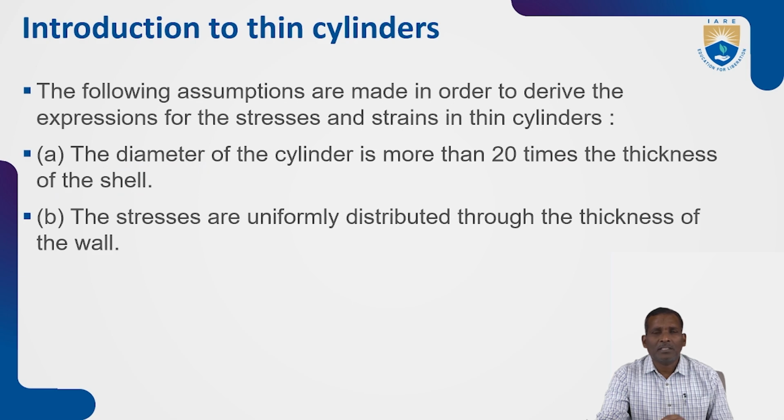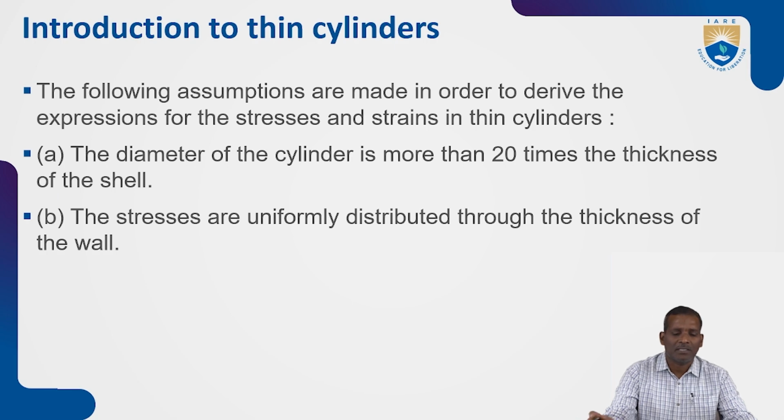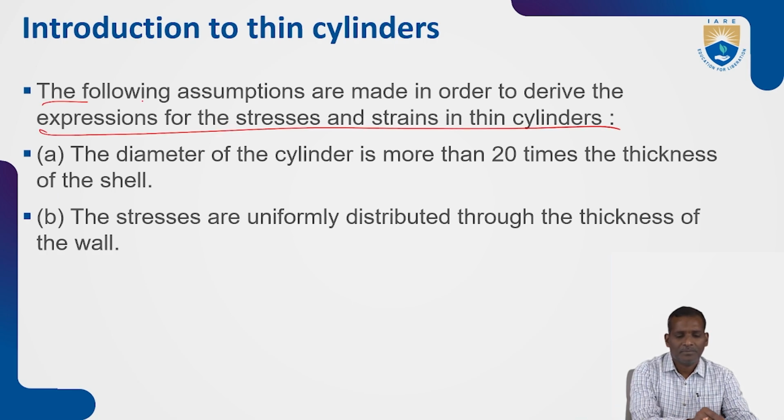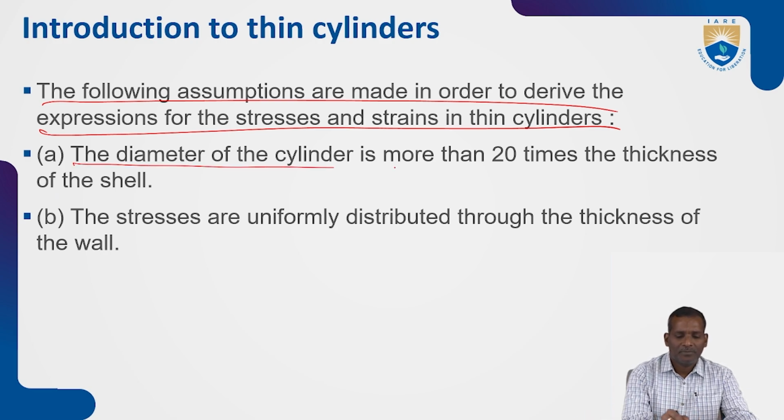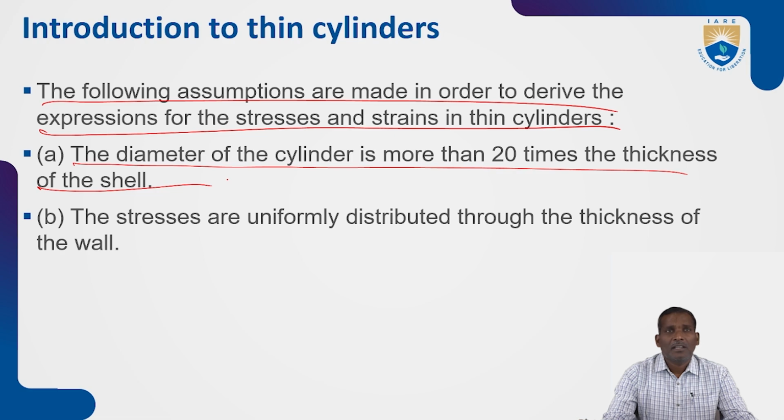The following assumptions are made in order to derive the expressions for the stresses and strains in thin cylinders. One is that the diameter of the cylinder is more than 20 times the thickness of the shell.